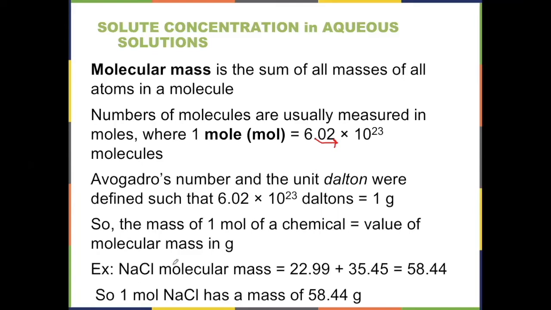So, for example, sodium chloride: the masses, if we look at the periodic table for sodium and chlorine, come out to 22.99 and 35.45. If we add those together, we get 58.44. So 1 mole, or 6.02 times 10 to the 23rd sodium chloride particles, has a mass of 58.44 grams.